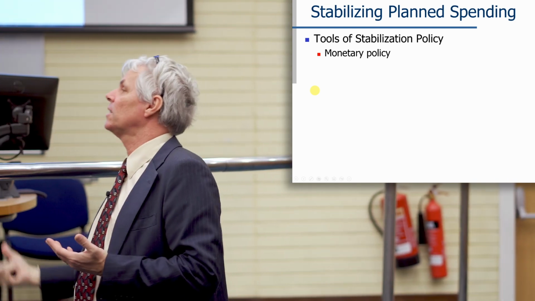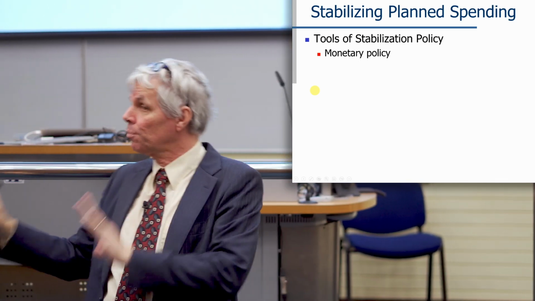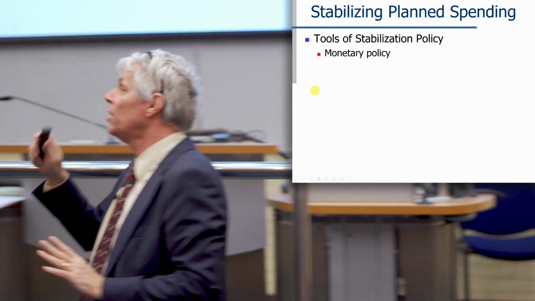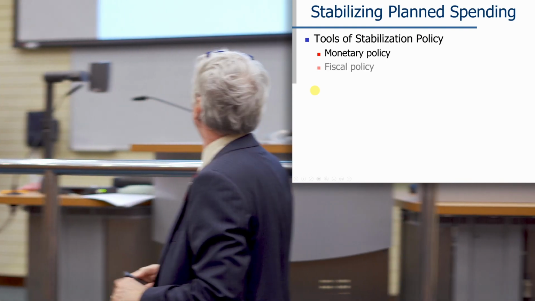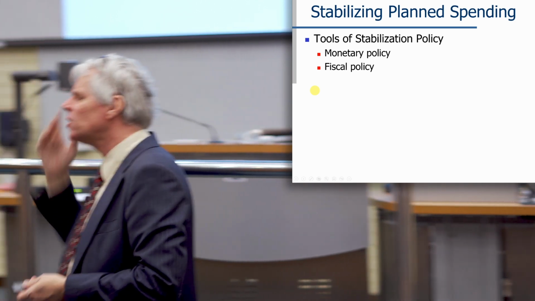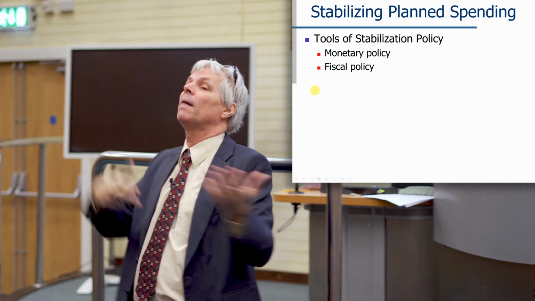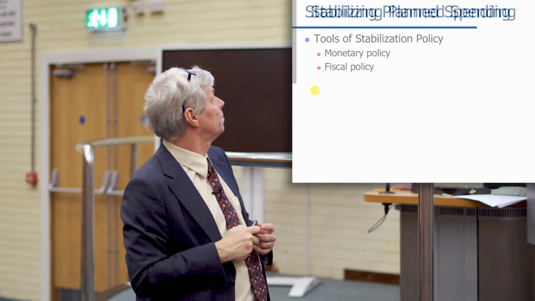Right? So this is central banks, how they deal with the banking system. In principle, there are lots of arguments in macro about this, but in principle, you can affect output with monetary policy. And fiscal policy. Fiscal policy just means government budgets. So how much do they spend? How much do they tax? So we can do it through the tax and spend system.